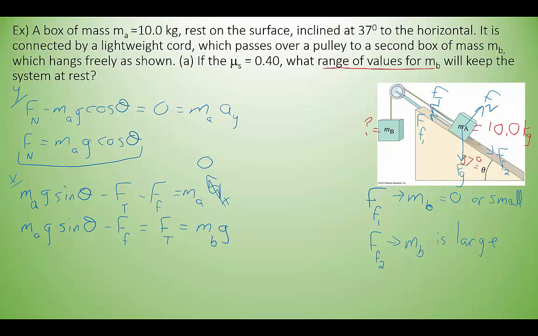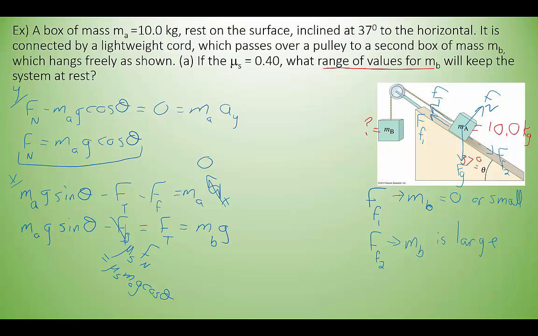The most that our force of friction can be is mu sub s Fn. Now remember that Fn is the normal force on box A, so the most that can be would be mu sub s MAG cosine theta. All right, so with all of this information, it appears that we have enough to simplify this equation.